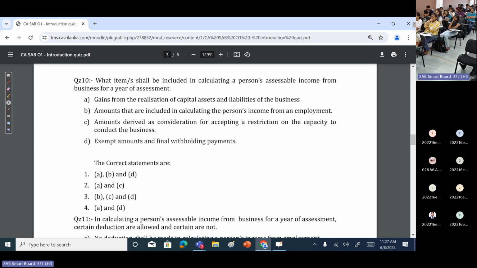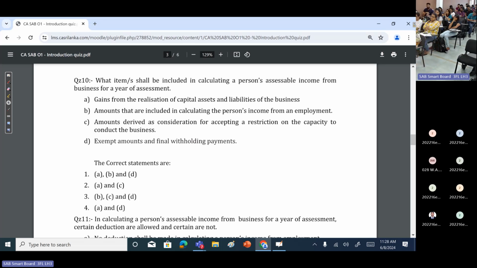Remember it says assessable income. When we work out the assessable income, we remove the exempt amount and final withholding amount. Why? In the Sri Lankan income tax context, a person who has taxable income is liable for income tax, or a person who receives a final withholding payment.